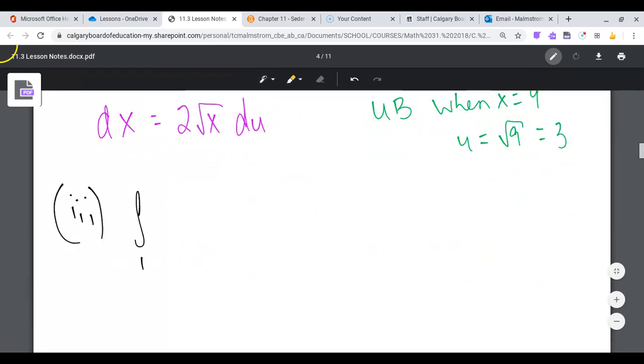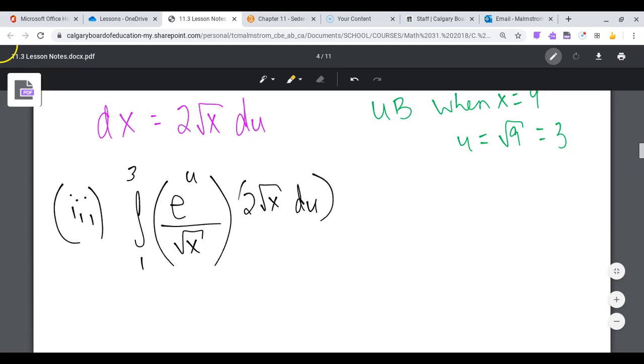So now I'm going to go from 1 to 3, and I have e to the power of, instead of root x, e to the power of u, over the square root of x, multiplied by 2 root x du, which is replacing my dx piece.